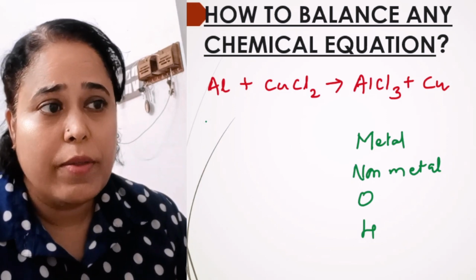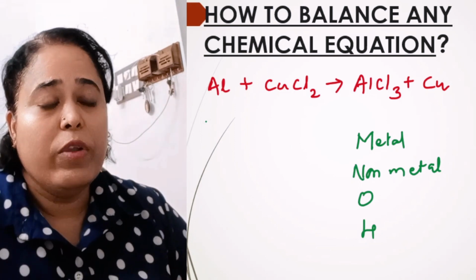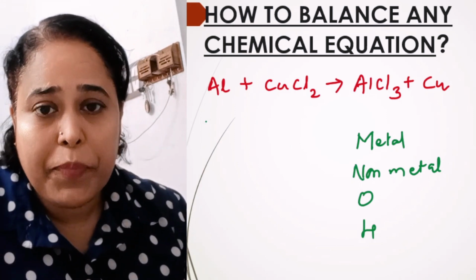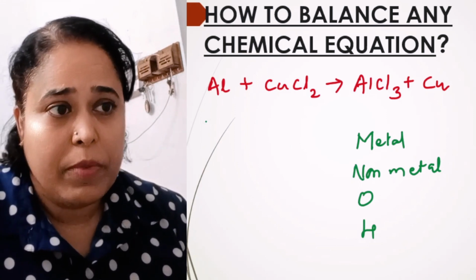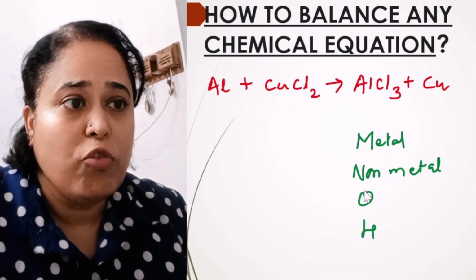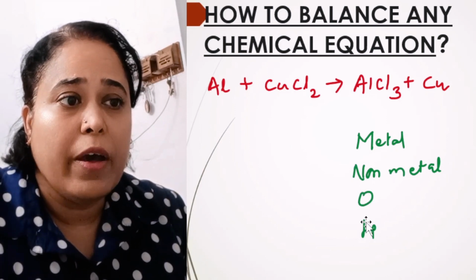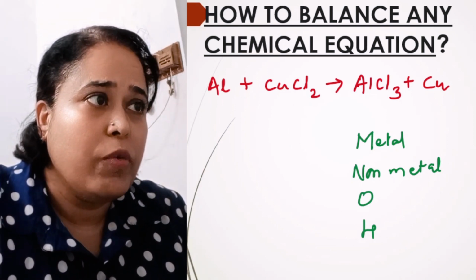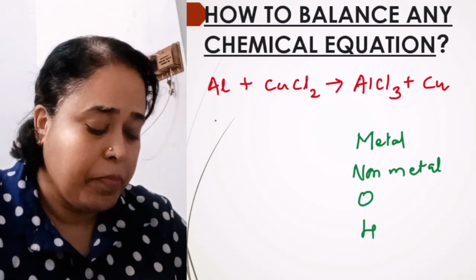When such types of chemical equations are given, you will balance them by following one order. Metals will be balanced first, and then come non-metals. Then if oxygen is there, the oxygen atom will be balanced. Finally, the hydrogen atom will be balanced.